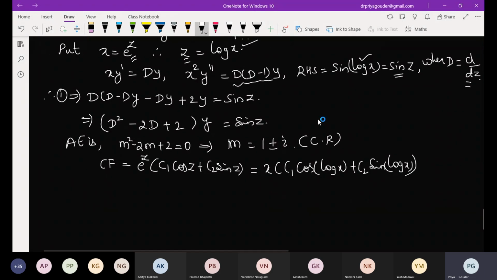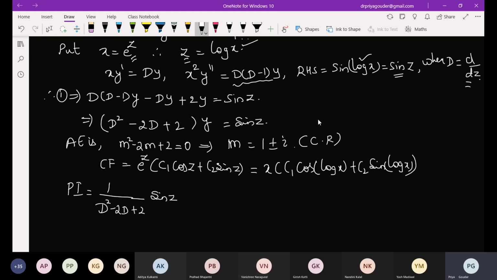Let us find PI. PI is equal to 1 upon D square minus 2D plus 2 operating on which function? Sin z. Now tell me, this belongs to which case? Second case.